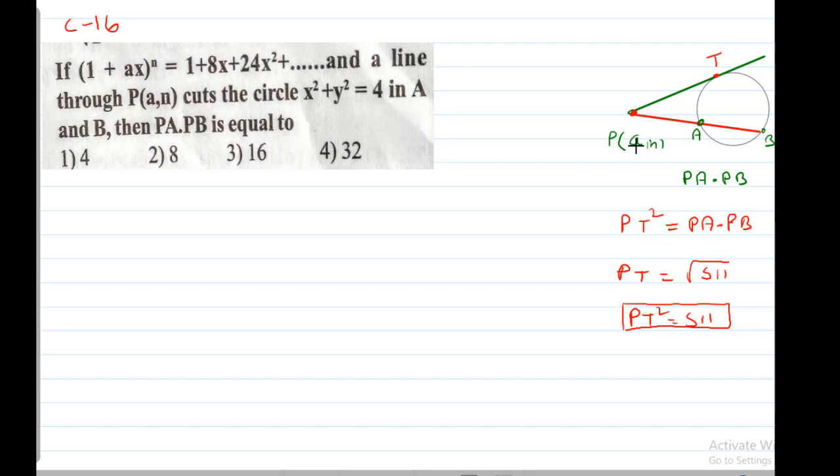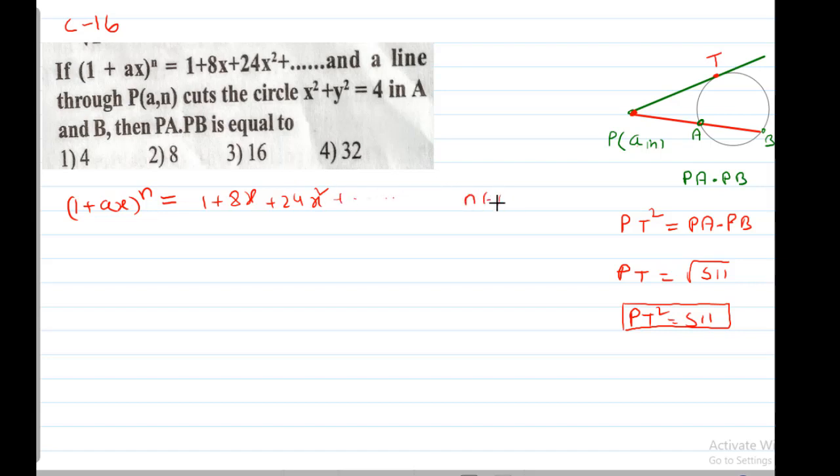So you want the value of small a and n. Here a hint is given. By using that hint you want to find the a value and n value. Okay, observe here. (1 + ax)^n = 1 + 8x + 24x² + so on. It is a binomial expansion.